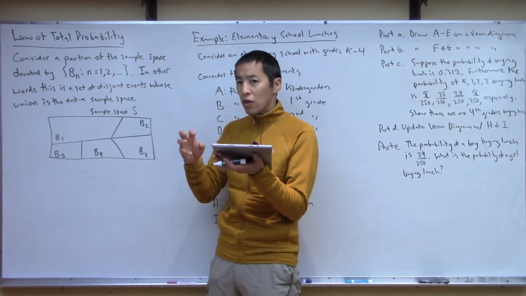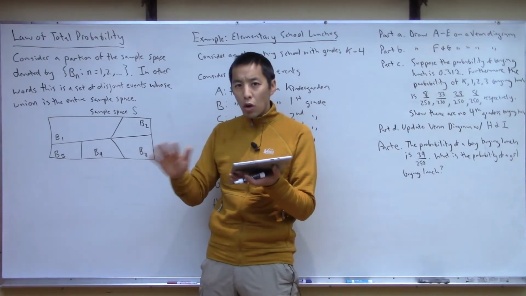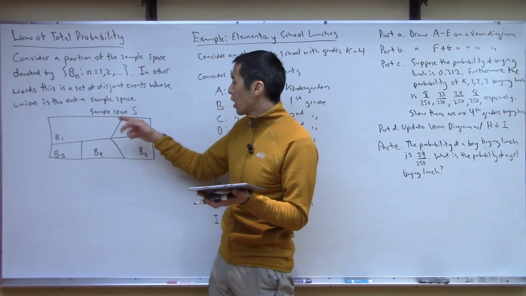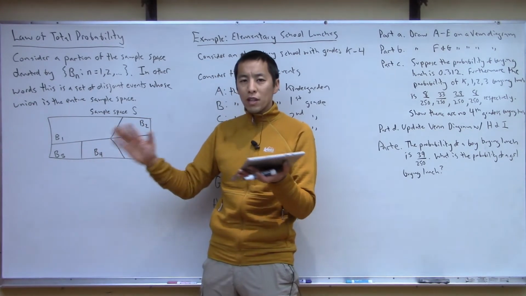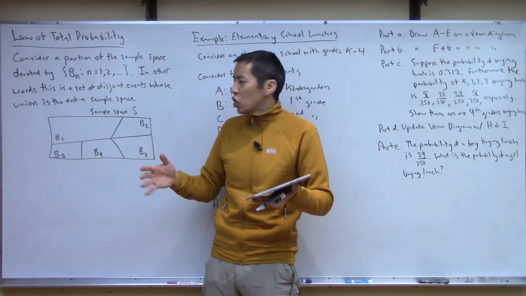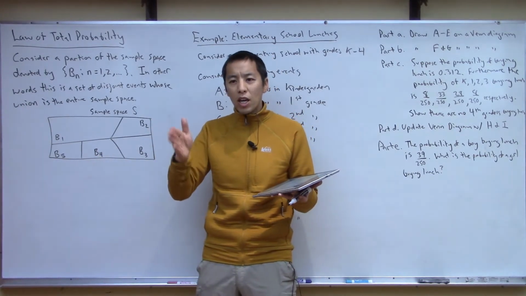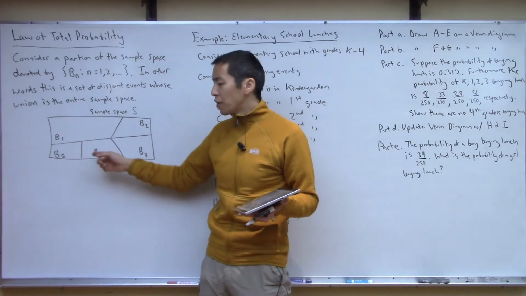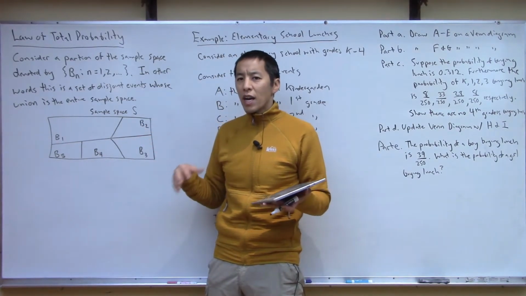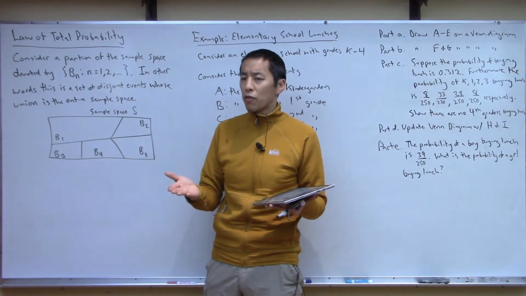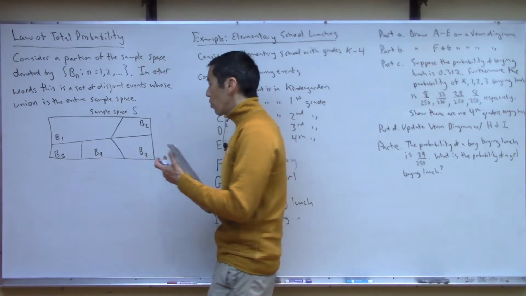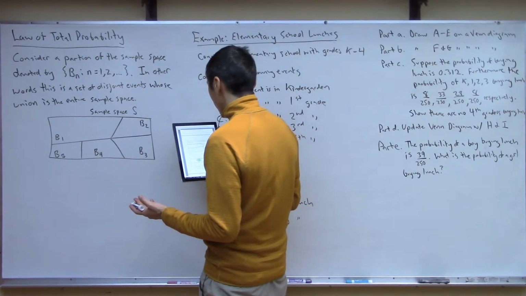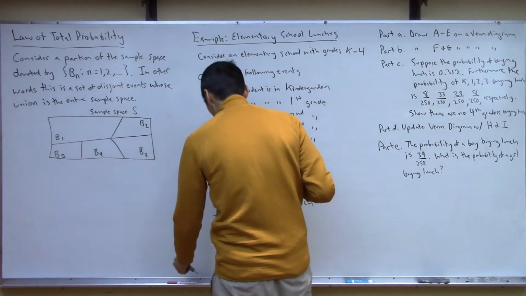So these events, B1, B2, B3, are not overlapping in any way, and their union altogether forms the entire space. This is what we mean by partitioning the sample space S. We're basically going to break it up into n different sets or events, which are all mutually exclusive from one another.